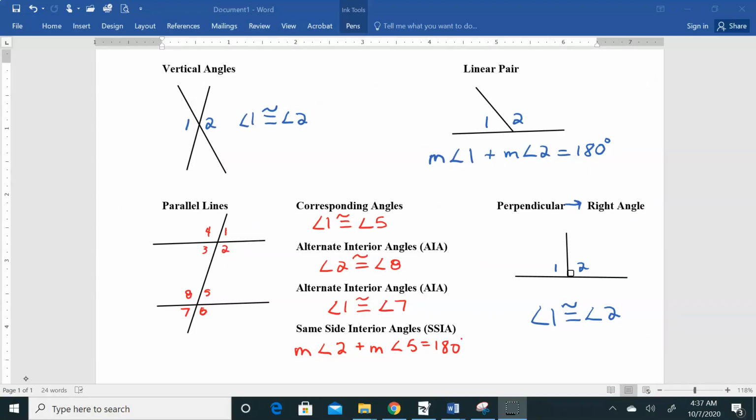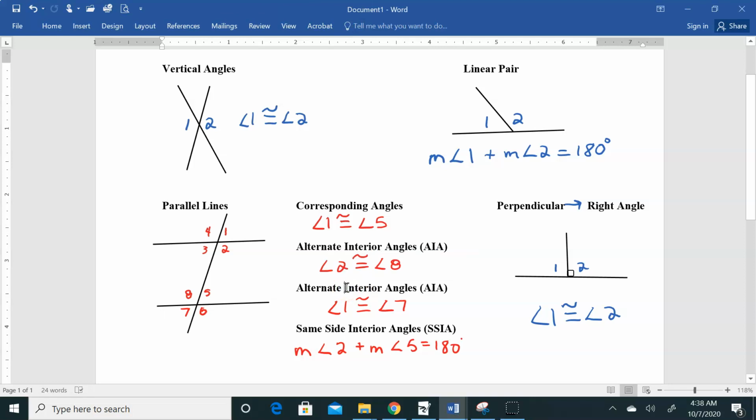So let's talk about things that we should already know from what we learned. We know vertical angles are congruent. In this case, angle 1 and angle 2. We know a linear pair adds up to 180 degrees. We know that we have parallel lines cut by a transversal, and we set up this picture with all these angles, that corresponding angles are congruent, alternate interior angles are congruent. Oh, I made a mistake here.